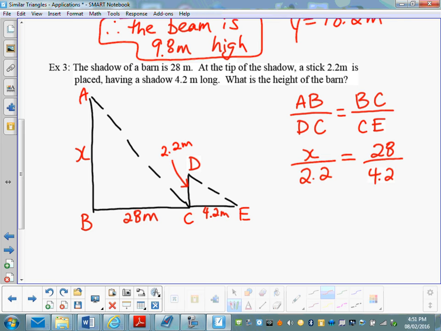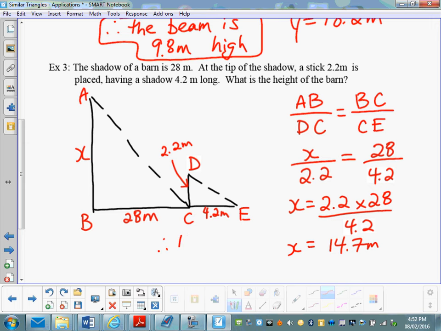And then we can cross multiply and divide. So 2.2 times 28 divided by 4.2. And I get X is 14.7 meters. So therefore, the barn is 14.7 meters high.